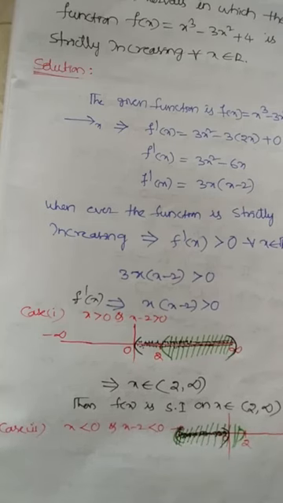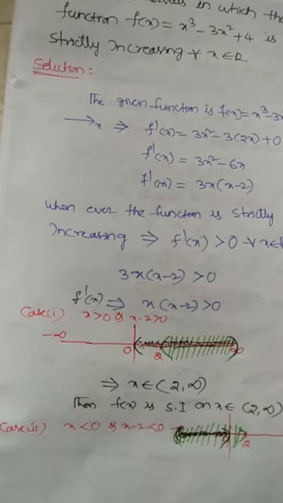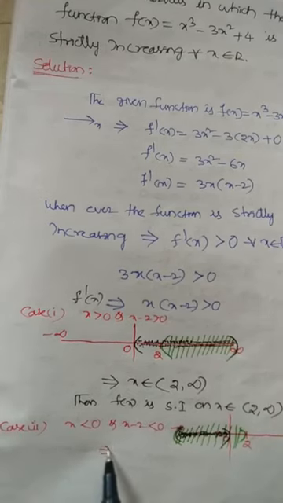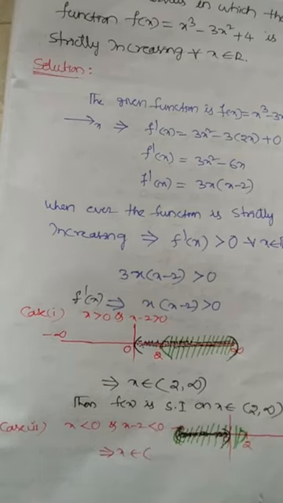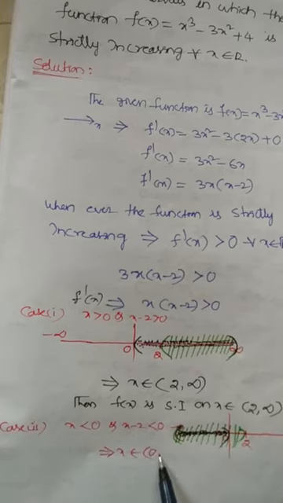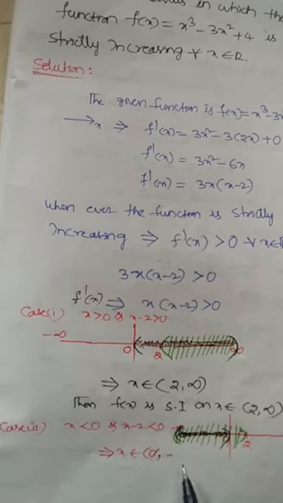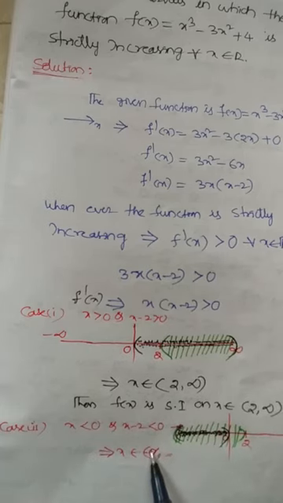That implies the intersection for case 2 is x belonging to minus infinity to 0.